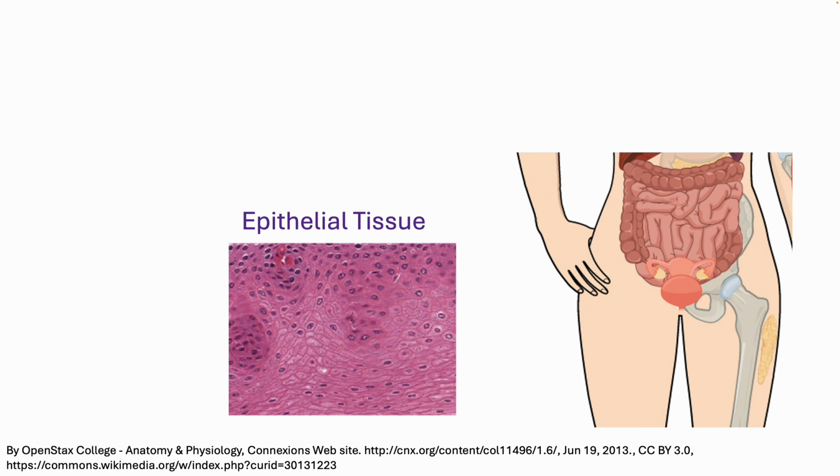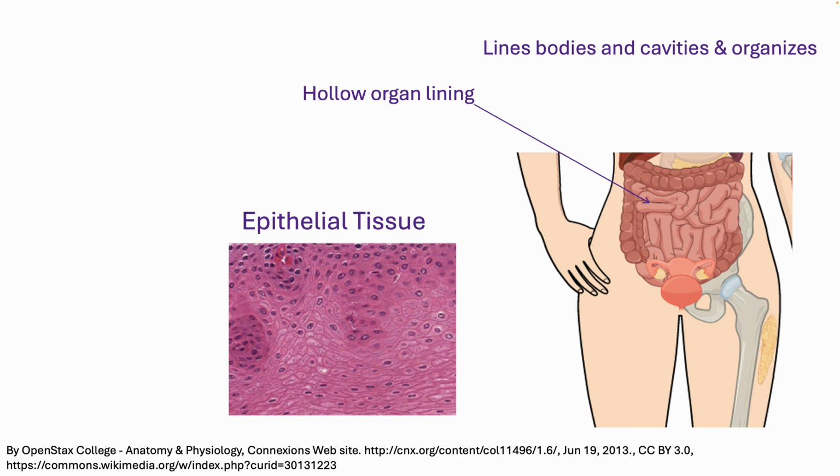Epithelial tissue is going to be what lines our bodies and cavities and helps to organize our body. They essentially are going to cover and protect the body while they are supported by connective tissue. You're going to find these in the hollow organ linings.